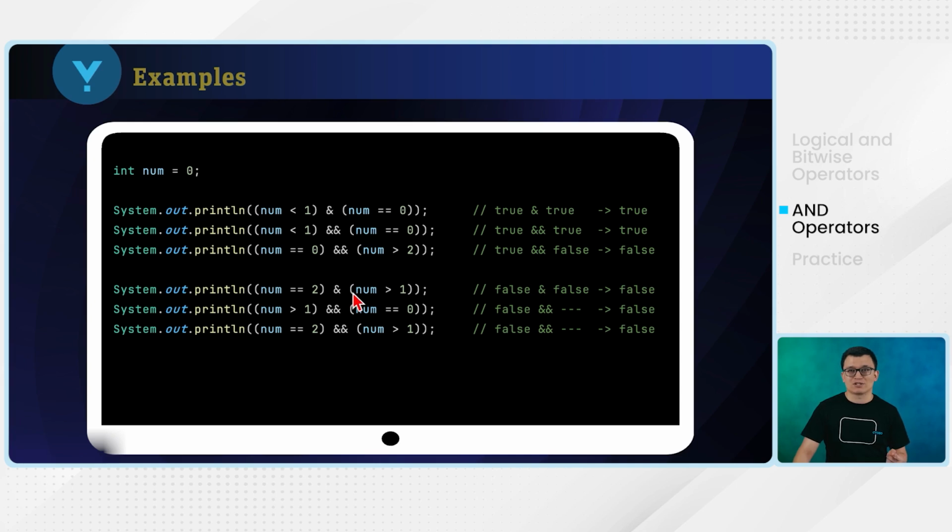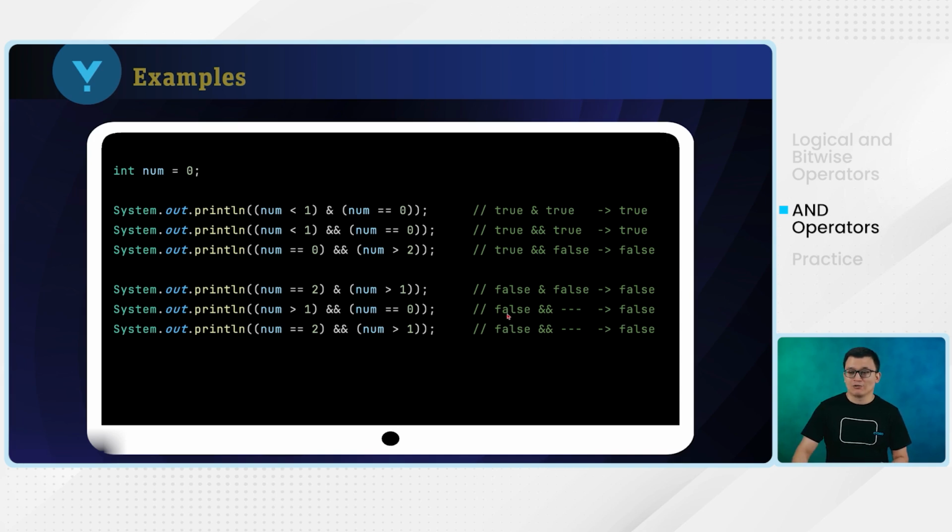It does not support the short circuit evaluation, right? But when you use the logical AND operator instead, the moment this first expression, 0 greater than 1, is evaluated to false, there is no need to check the second expression. So it's faster compared to the bitwise AND operator.